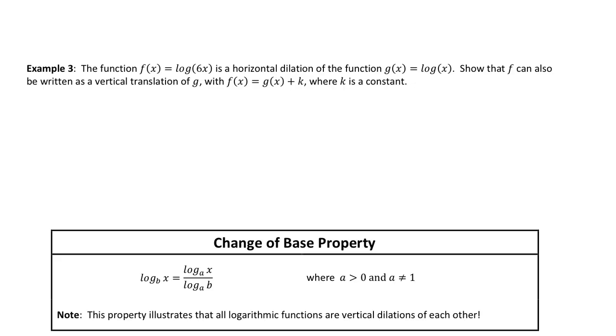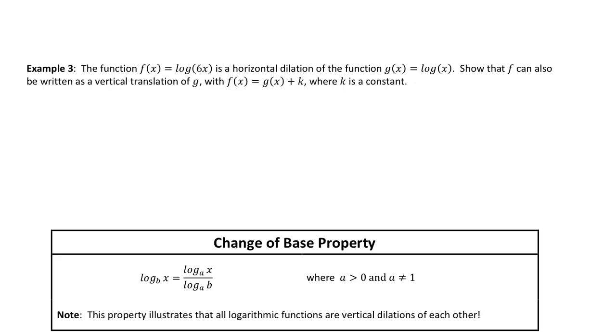Check, check. Show that f can also be written as a vertical translation of g. Vertical translations, where should that be? Inside or outside? Outside. Vertical transformations are outside, where there's some number we're adding. So we need to manipulate, using my 3 rules, this beginning function to show what we are adding or subtracting from the function.